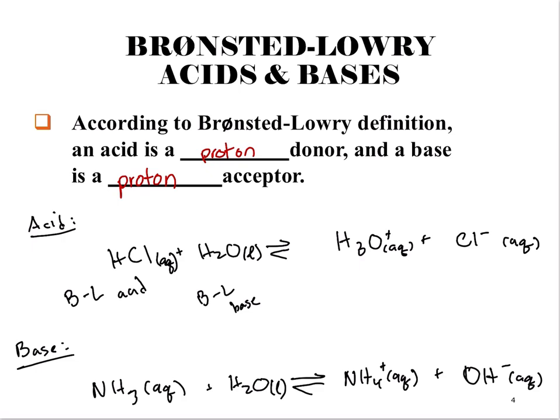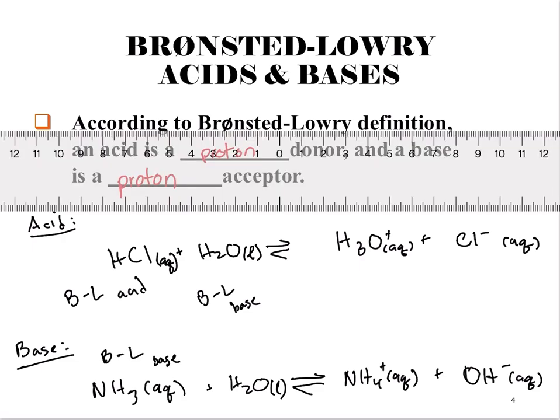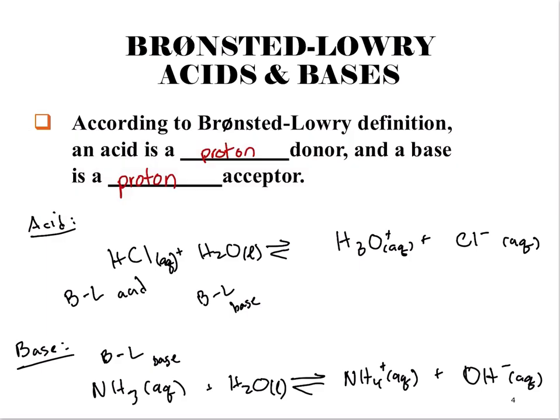We see in this case, the ammonia acts as a Bronsted-Lowry base because it's accepted a proton from the water molecule to then become a protonated ammonium ion. And in this case, the water has acted as a Bronsted-Lowry acid because it's donated a proton to the ammonia molecule to become OH minus.